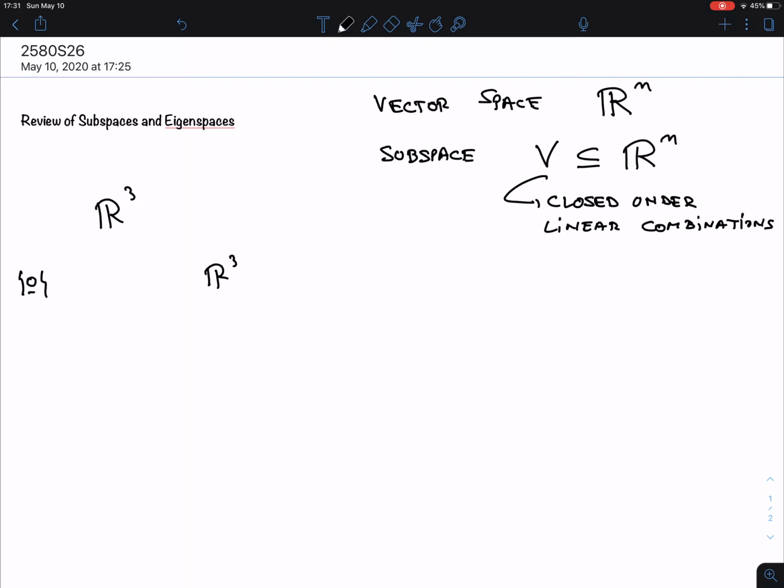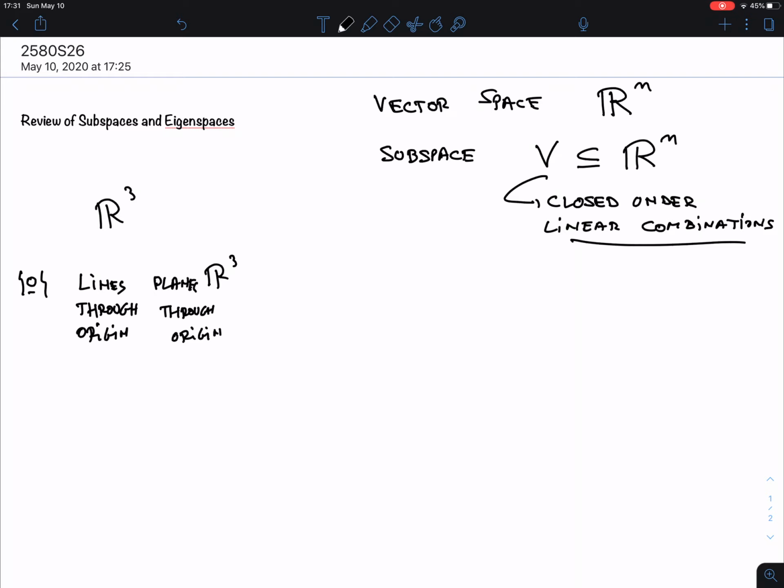But then the interesting ones are the lines through the origin, and also the planes through the origin. Now, it has to be through the origin, otherwise this linear combination thing doesn't work.